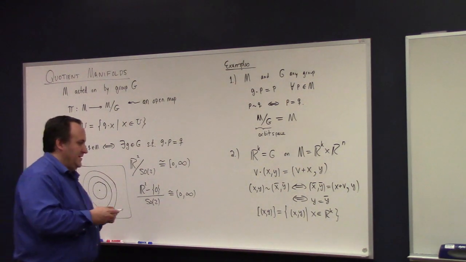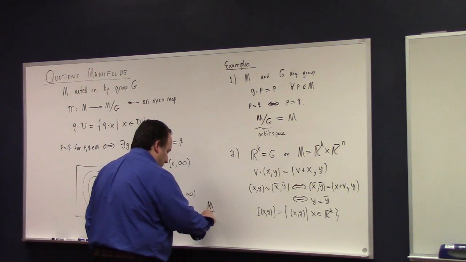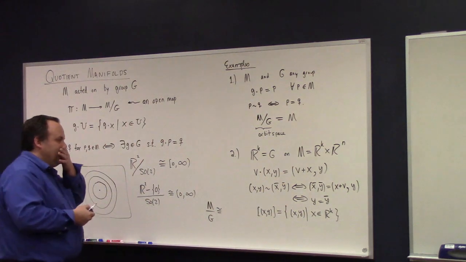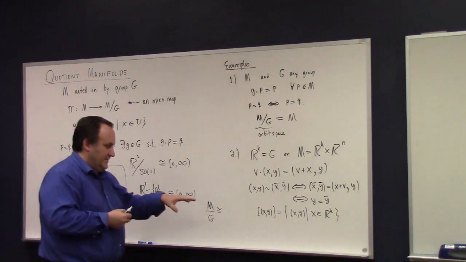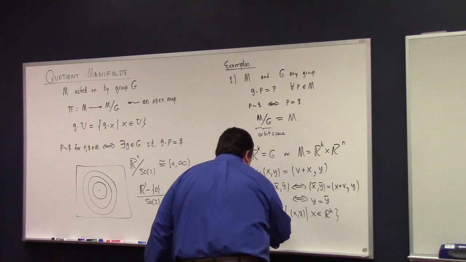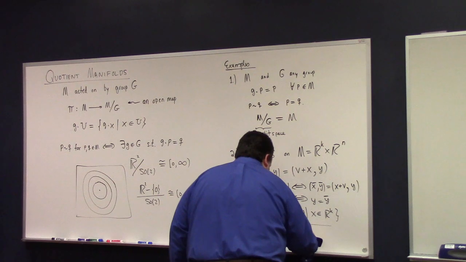So what would that mean if we take M? What would M mod G be here, intuitively speaking? In M mod G, we're thinking of the equivalence classes. This is like a point in this space.